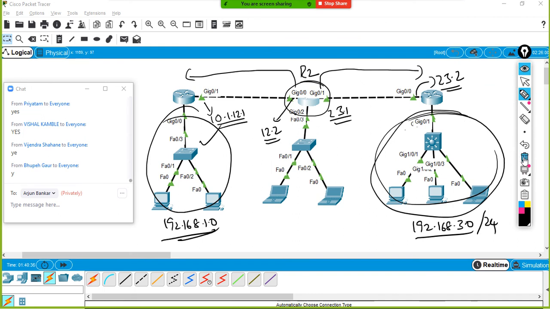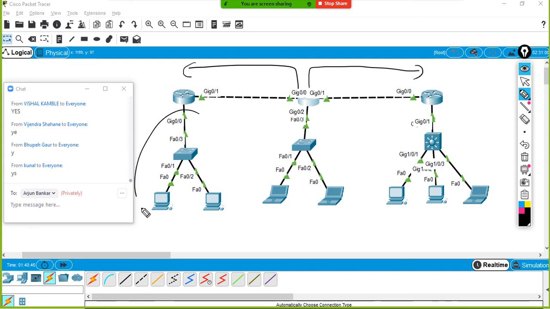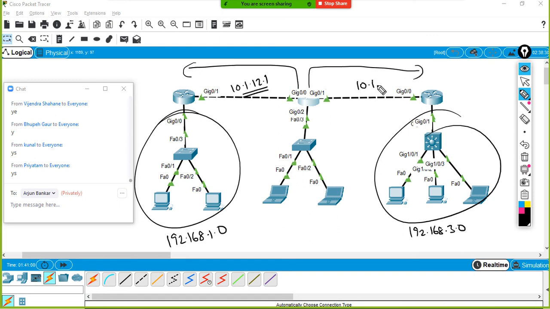So now what I'm going to do, I need to write one route towards this side and one route towards this side, right? Do you understand? In case you want to access 192.168.1.0, the next stop is 10.1.12.1. In case I want to access 192.168.3.0, the next stop is 10.1.23.2.